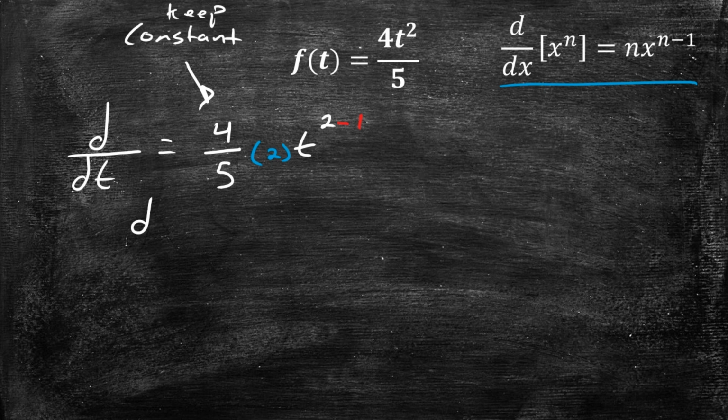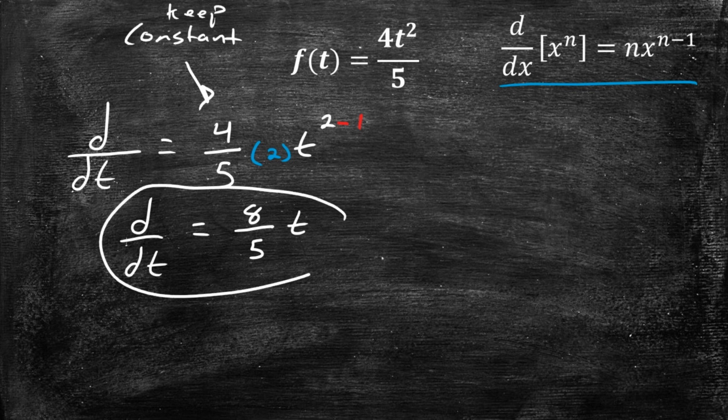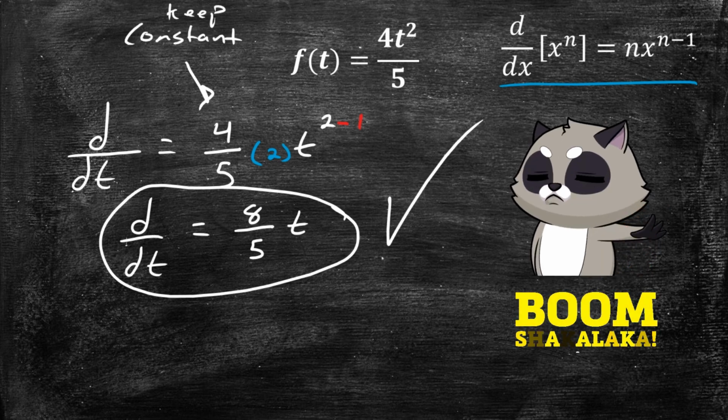All right, and when we simplify this, what we get is 4/5 times 2 is 8 over 5 t to the 2 minus 1, which is just t to the first power, which is just t. All right, therefore, this right here is our derivative and final answer. That means this example is complete.